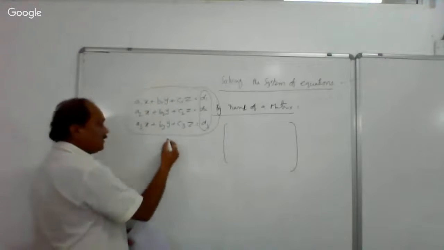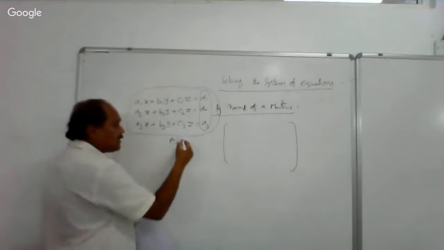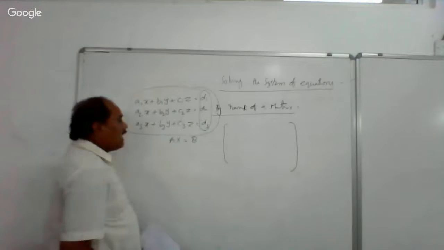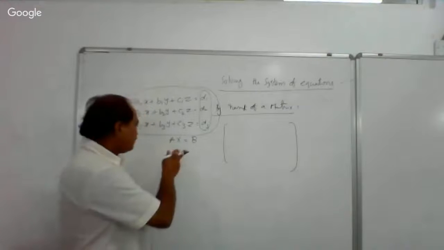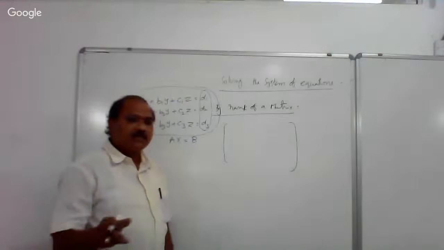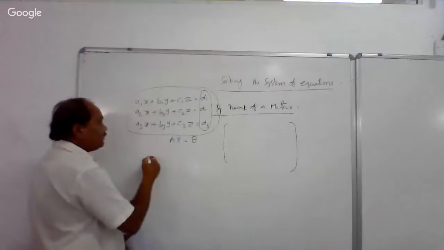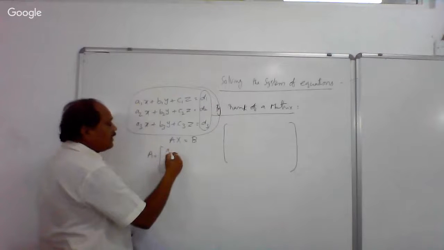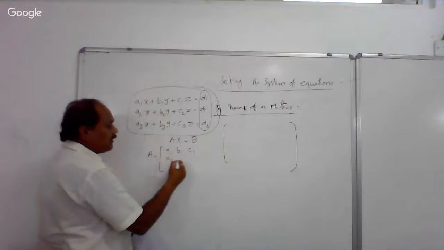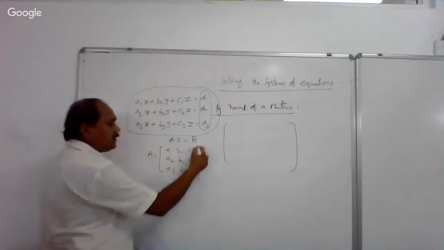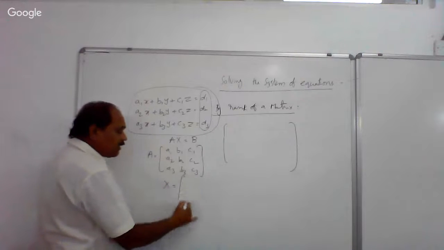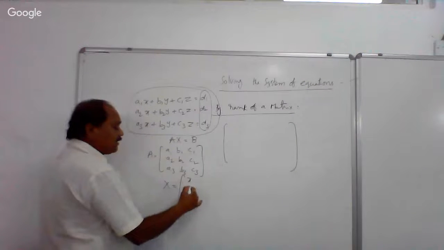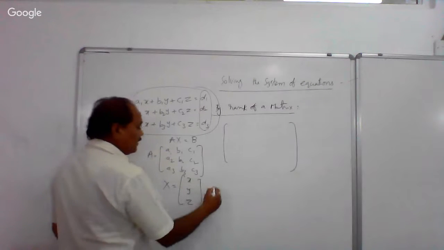Now, we can write that system in matrix form as AX equal to B. A is called the coefficient matrix: a1, b1, c1, a2, b2, c2, a3, b3, c3. X is called the variable matrix: x, y, z.